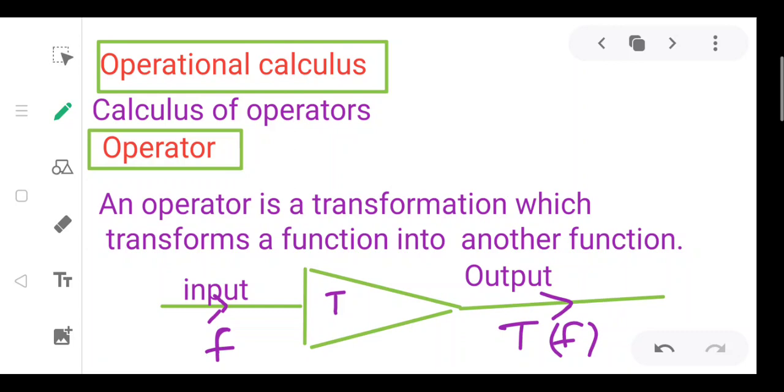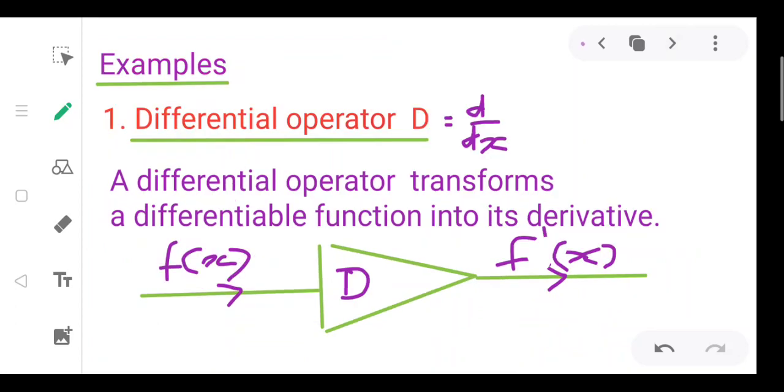So from this figure, if f is the input and T is the transformation, the corresponding output is T of f. Now, as an example, the differential operator, we shall denote it by capital D equal to d by dx.